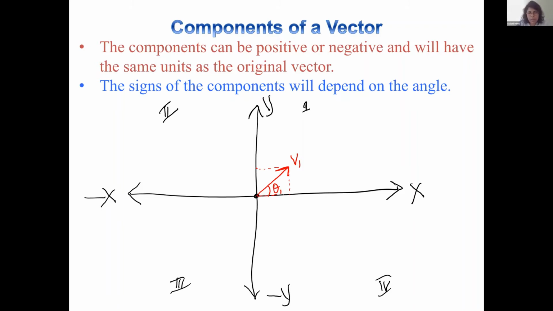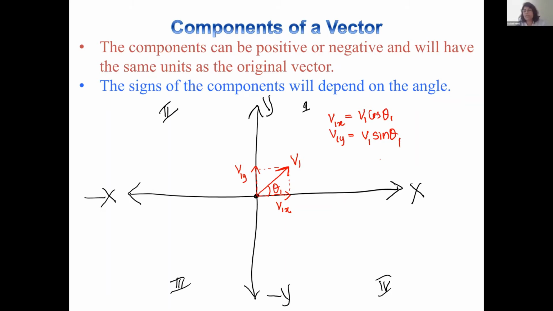This distance is my x component and this distance is my y component: V1x and V1y. Both are in the positive direction, and V1x is adjacent, so I can write it as hypotenuse times cosine of theta1, and hypotenuse times sine of theta1.